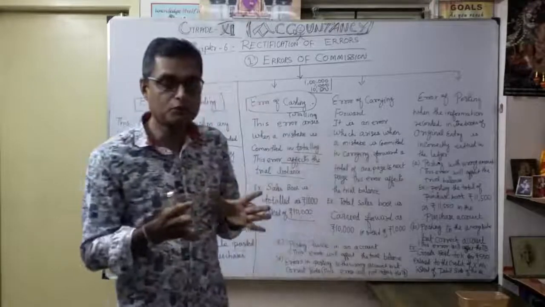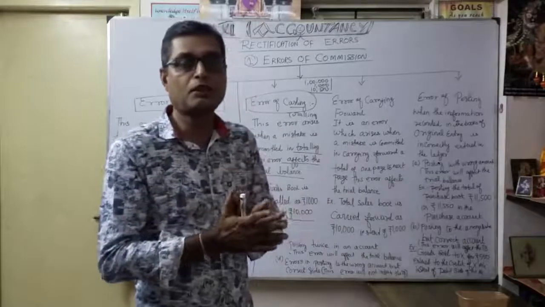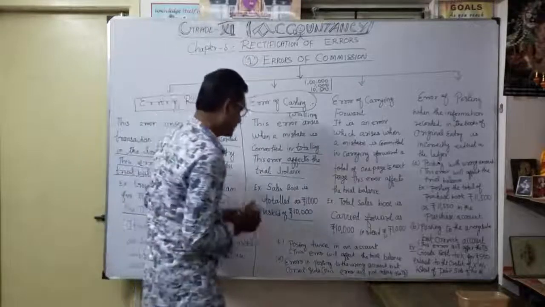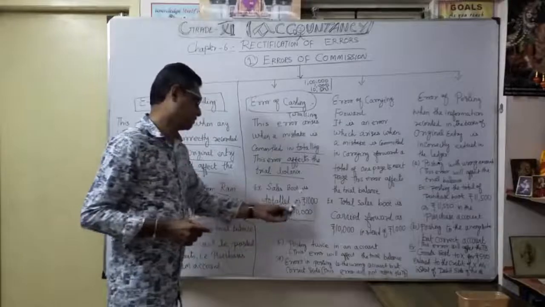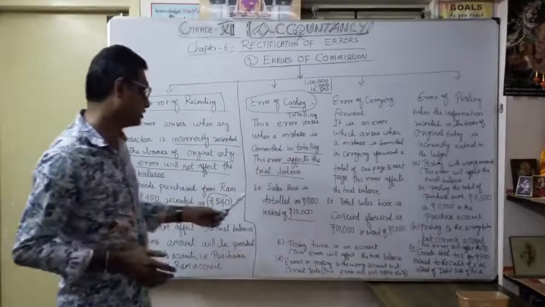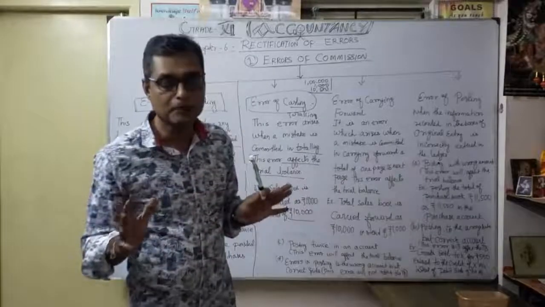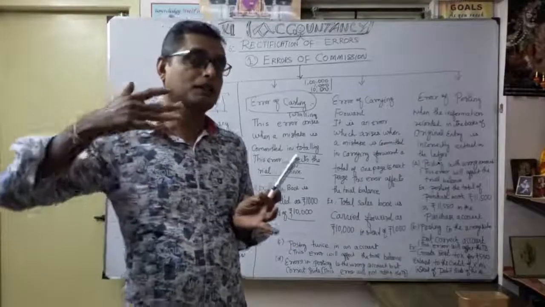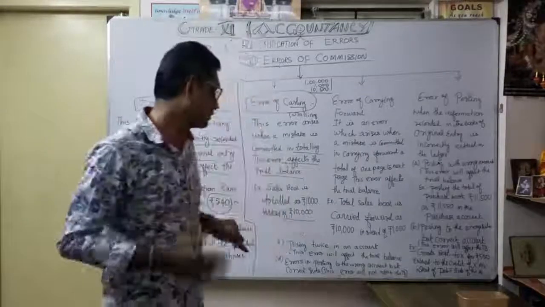Suppose the exact correct amount is 10,000. What happened? We made a mistake and entered 1,000. Understood? We forgot the zero and omitted it. What will happen? A 9,000 difference is coming. Understood?